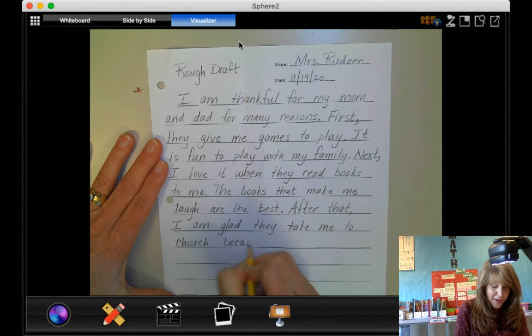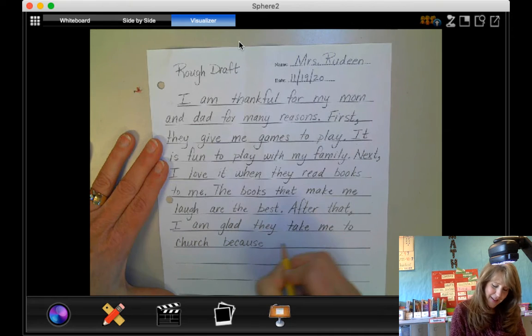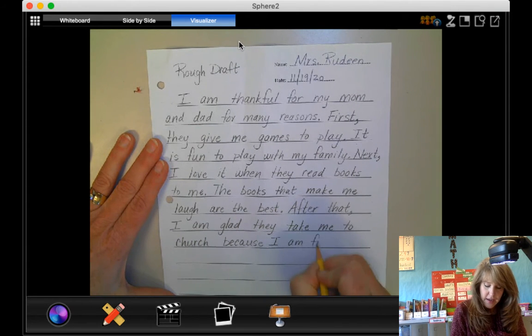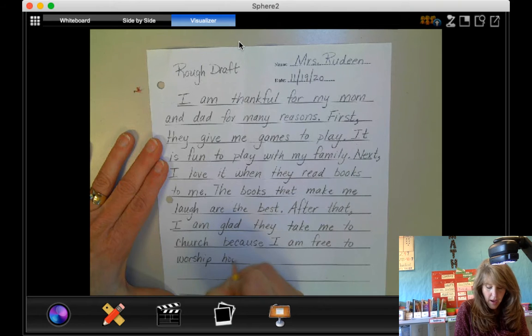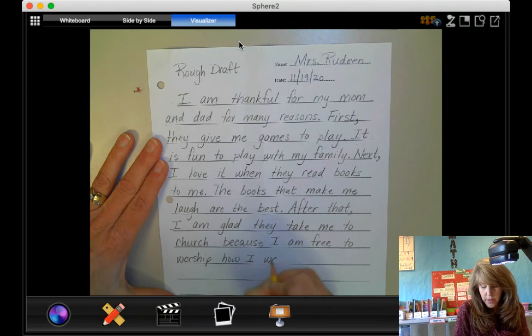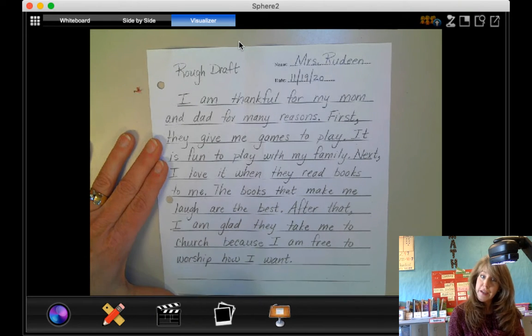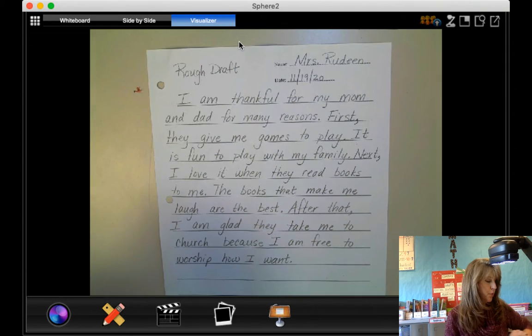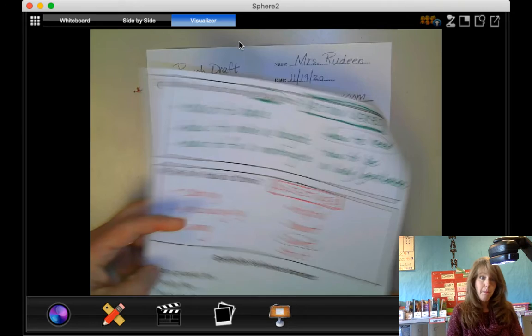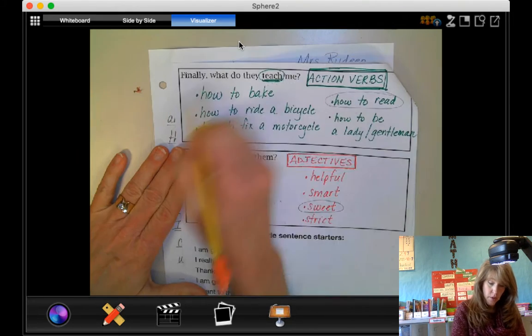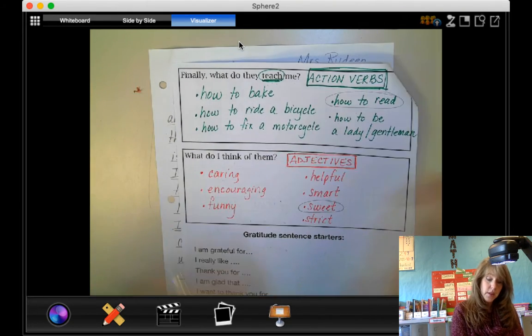Because of veterans, I am free to worship how I want. And we thank our founding fathers for the freedoms they give us and the veterans that protect that freedom. Then my next category or my next sentence will be about what my parents teach me.